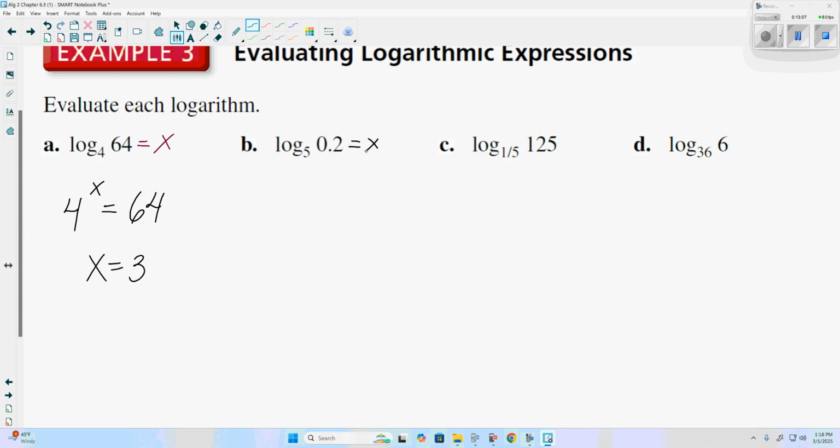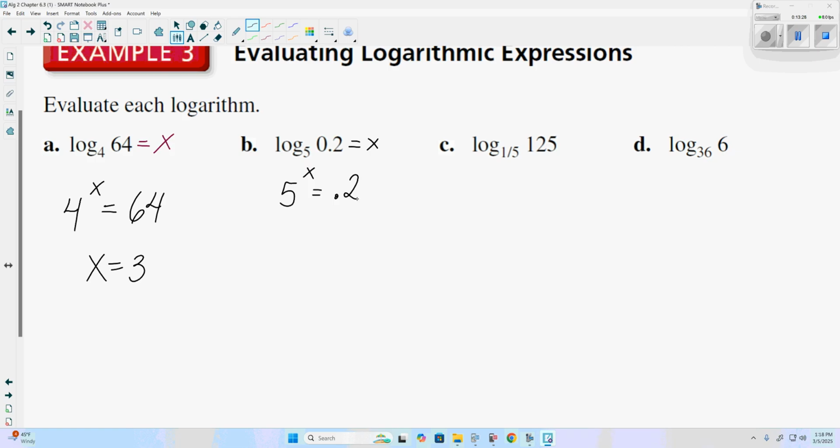Log base 5 of 0.2. We want to see what this is. So if we did the same thing, we wrote it as an exponential, we'd be saying what? 5 to what power is 0.2? So positive numbers gave us a bigger one, yes?